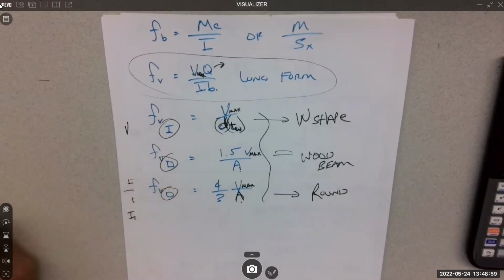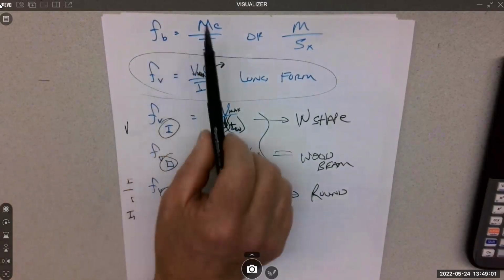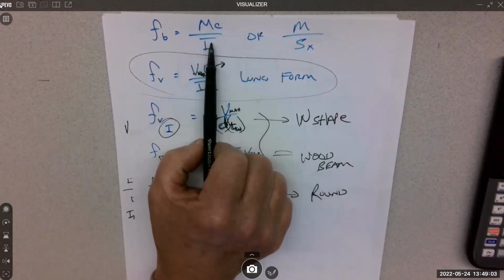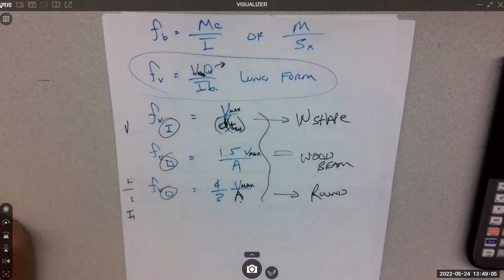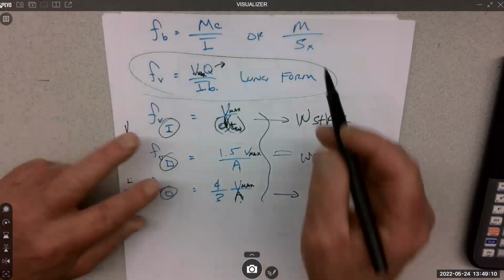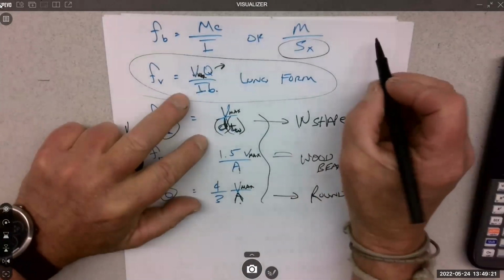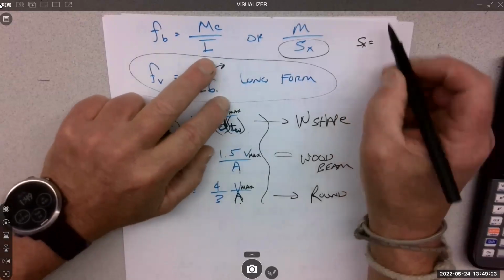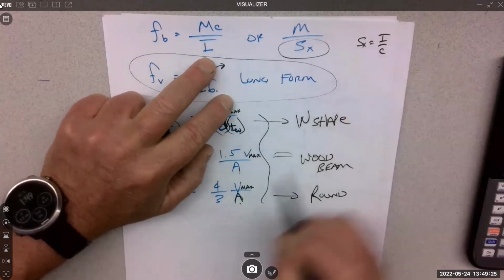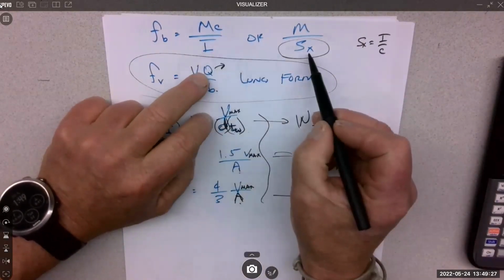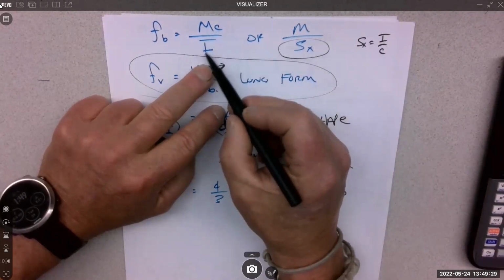No real shortcut for the bending stress. MC over I is what we use almost all the time. If it's a common shape, like a W shape or something, we can use an SX value. So it can get simplified. I think it's just complicating life because you have to learn what SX is. Well, SX equals I over C. So that's why SX is down below IC, right?